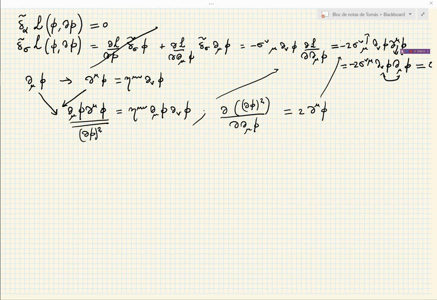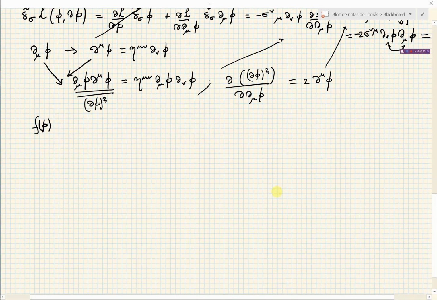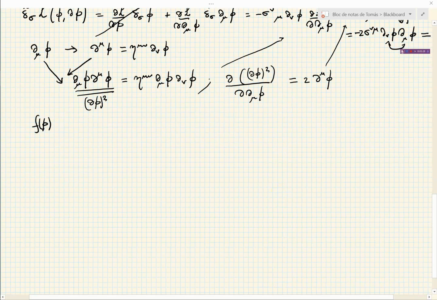And the other possibility is to construct invariants which are just functions of the field phi, because delta tilde of phi is 0. Okay, so now with these elements we can try to construct an action for a scalar field, and apart from Poincare invariance, what we are going to demand is that it doesn't have more than two derivatives. Okay, so something like partial mu phi partial mu phi could be the term with highest derivatives that you can have.